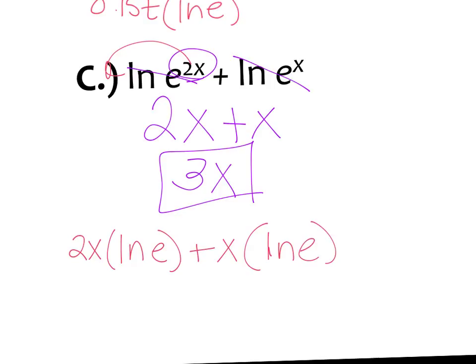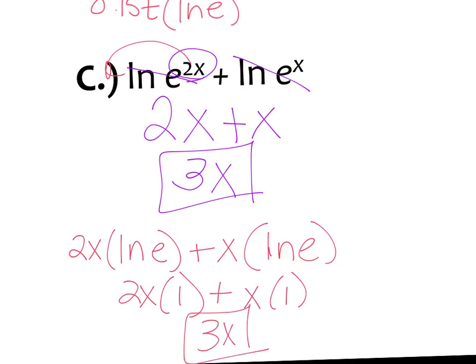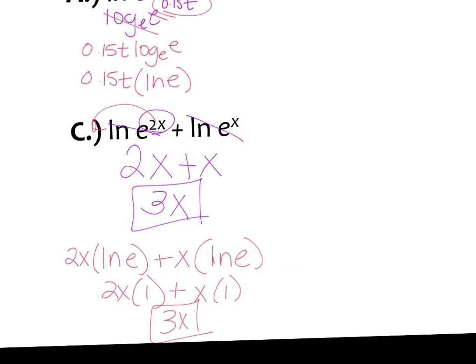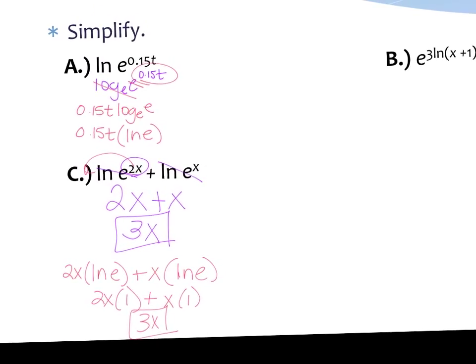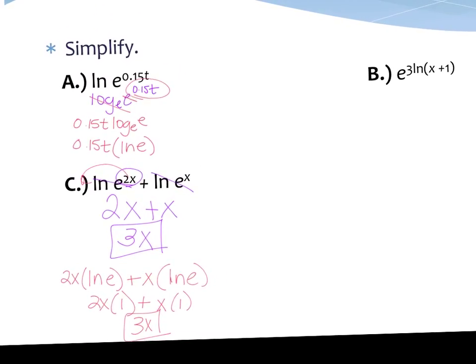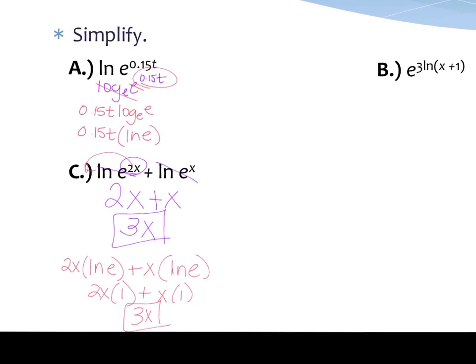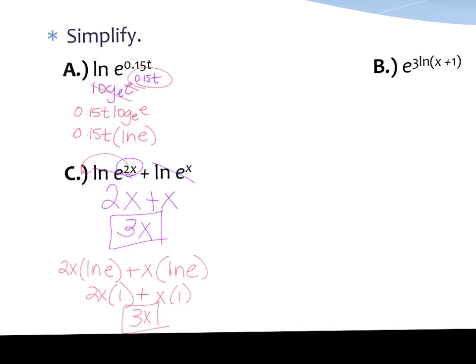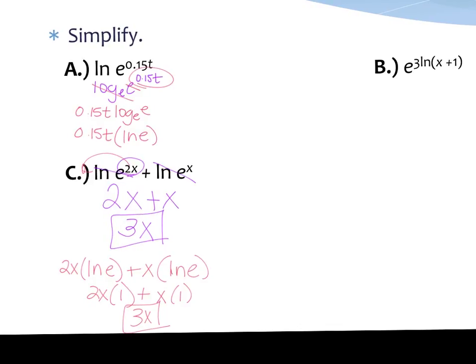And we know ln of e is 1, so this would be 2x times 1 plus x times 1, 2x plus x, which is 3x. Again, it's going to come with practice, but every time you see ln of e, you cancel it out and keep the exponent. If there's no exponent, then it's just 1. If there's an exponent, you cancel out the ln of e and you keep the exponent.